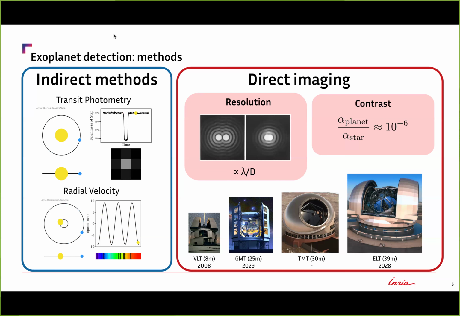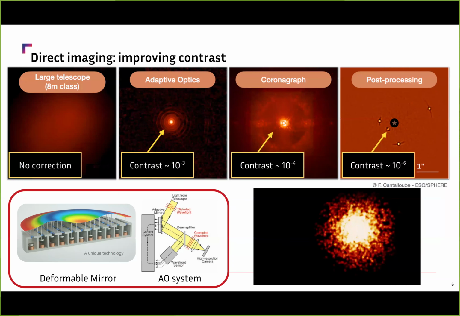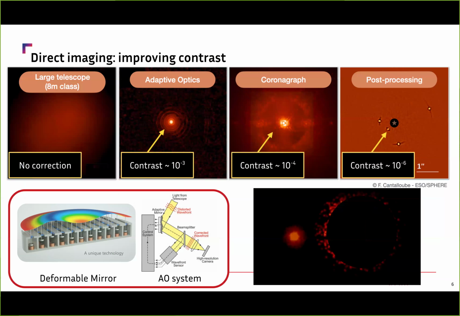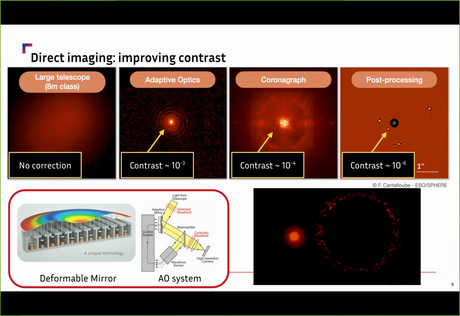To do that, we need large telescopes, and also dedicated optical devices. The main issue with this kind of imaging is that we image exoplanets through the atmosphere, which is a turbulent medium. The refractive index is not homogeneous, which causes speckles in the observation.